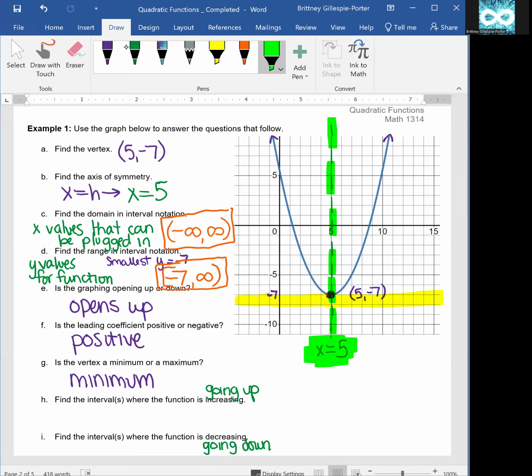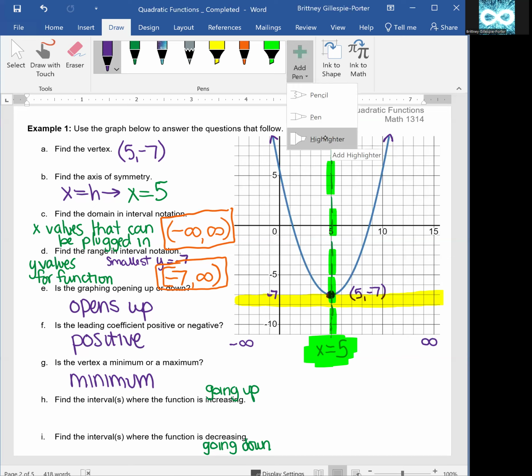He is going to be our turning point. We are only concerned about the x values when we are doing our increasing and decreasing. To the far left, we know we'll have -infinity for our x values. To the far right, our x values go to +infinity. We need to figure out what's happening from -infinity to 5 and what's happening from 5 to infinity.